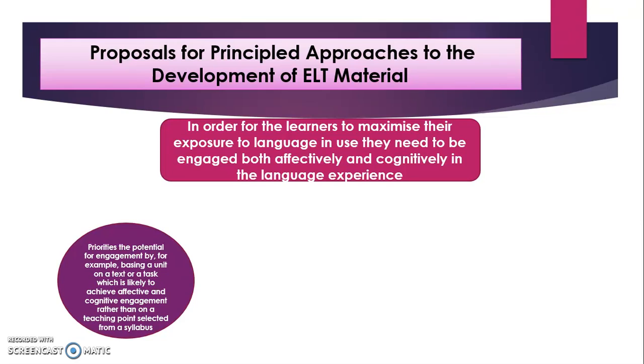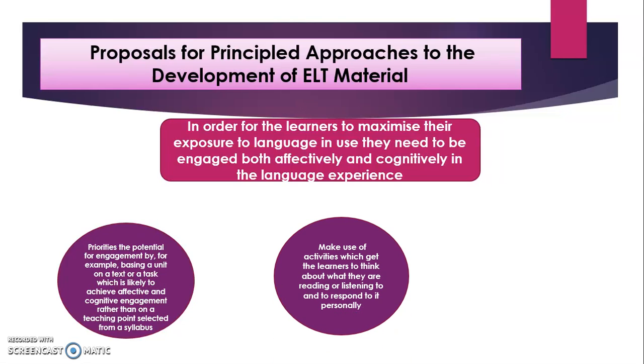So prioritize the potential for engagement in the choice of units and texts or topics, which is likely to achieve affective and cognitive engagement, rather than a teaching point selected from the syllabus. Use activities which get the learners to think about what they are reading or listening to and respond to it personally.